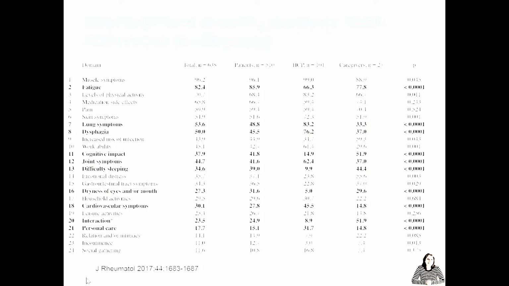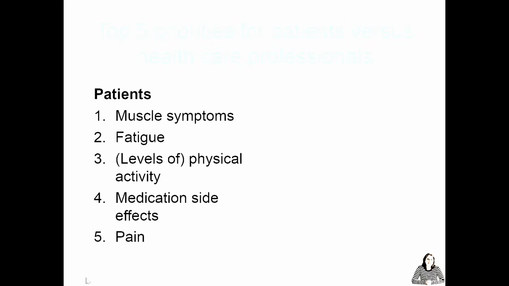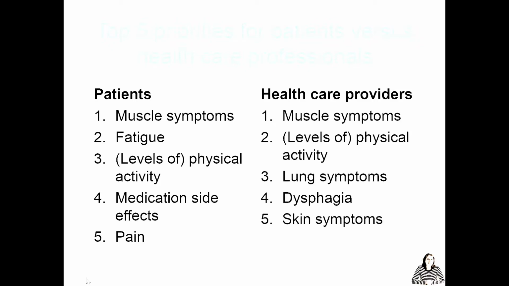Next, please. When we look at the respective top 5 of both patients and healthcare providers, we can see significant differences. Patients seem to decide mostly on domains that affect daily living, and healthcare providers, on the other hand, chose domains which they always had been measuring in the clinic. So the top 5 for patients is muscle symptoms, fatigue, levels of physical activity, medication side effects, and pain.